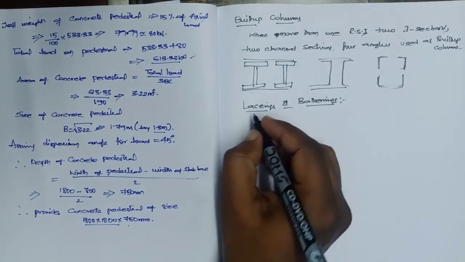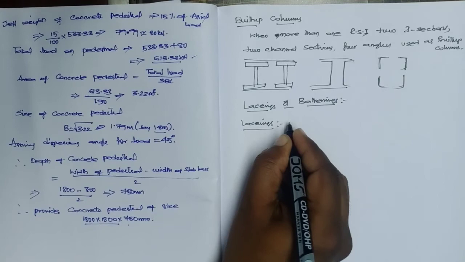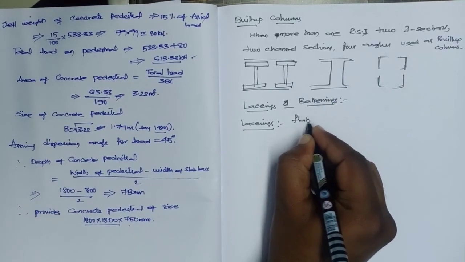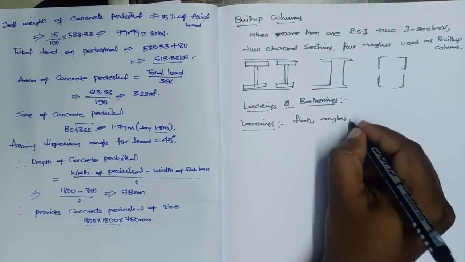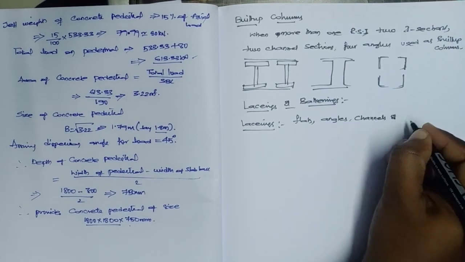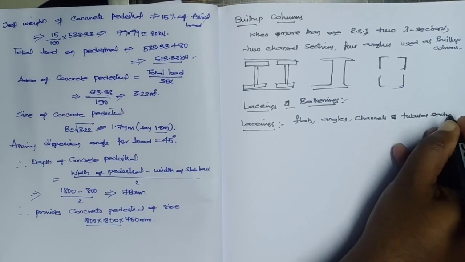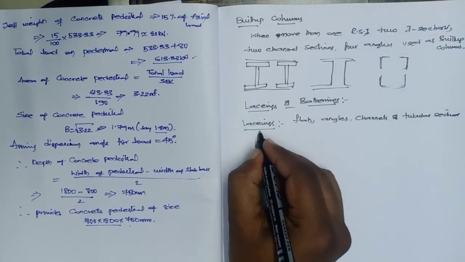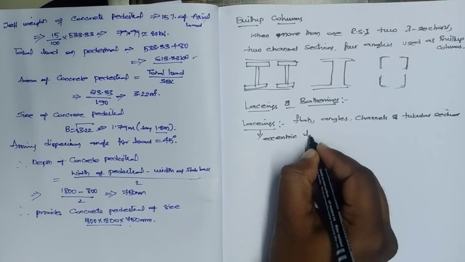Now what material we will be using in order to go for lacings? Means any flats, angles, channels, and some tubular sections can be used, and these are especially used in case of eccentric loadings.